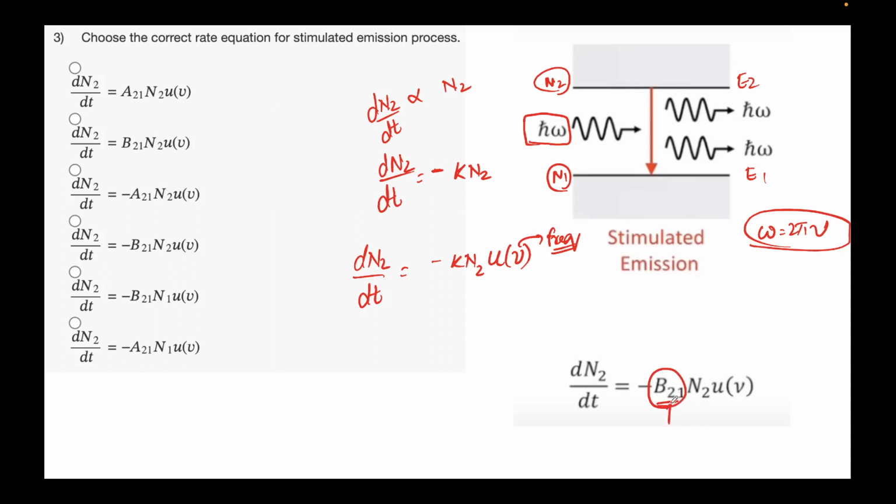21 again: we are coming from 2 and going from 2 to 1, so 2 comes first and then 1. The only difference from the spontaneous case is that now this will also depend on the incoming frequency, rather its distribution with respect to frequency.